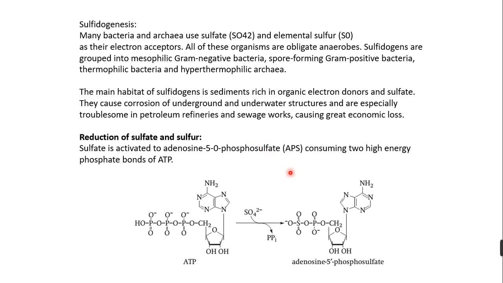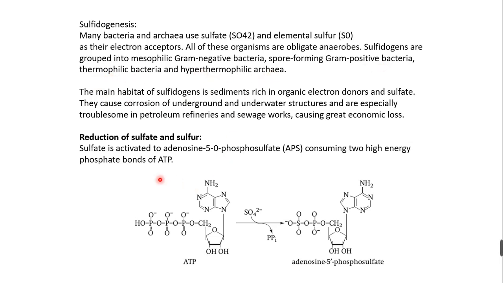Next one is sulfidogenesis. Many bacteria and archaea use sulfate and elemental sulfur as their electron acceptor. All these organisms are obligate anaerobes, and sulfidogens are grouped into mesophilic gram-negative bacteria, spore-forming gram-positive bacteria, thermophilic bacteria, and hyperthermophilic archaea.